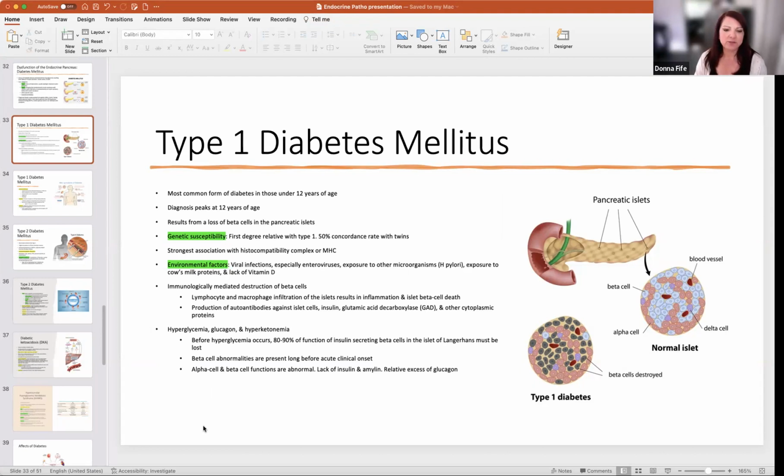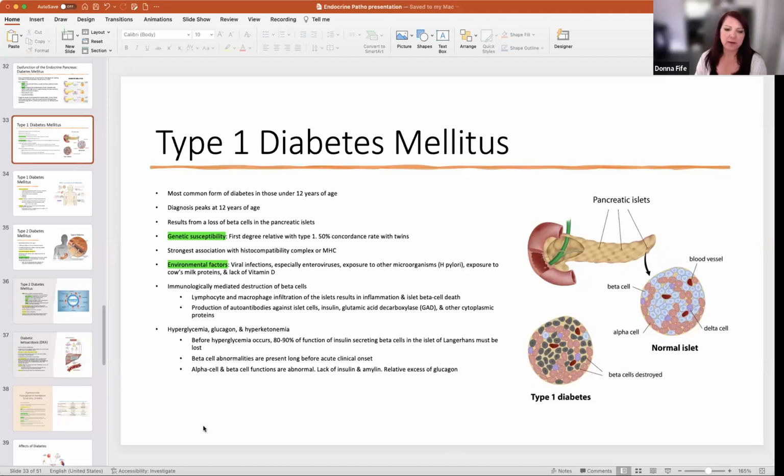Immunologically mediated destruction of beta cells: lymphocyte and macrophage infiltration of the islet cells results in inflammation and islet beta cell death. There's production of autoantibodies against islet cells, insulin, glutamic acid decarboxylase, or GAD, and other cytoplasmic proteins.